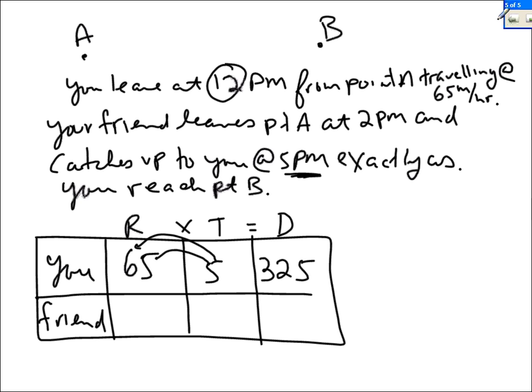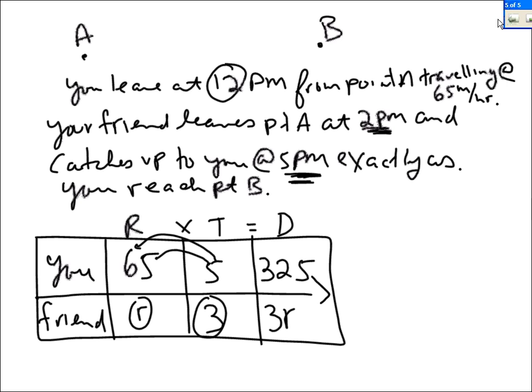Now your friend. You have no idea how fast your friend is going. How long is your friend driving for? Well, she leaves at 2 o'clock from point A and gets to point B at 5 o'clock. Your friend drives for 3 hours and went 3R miles, R times 3.